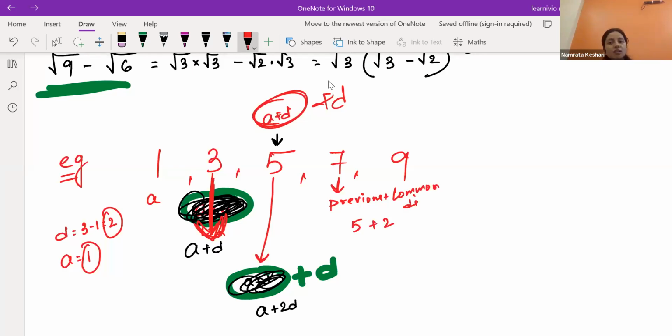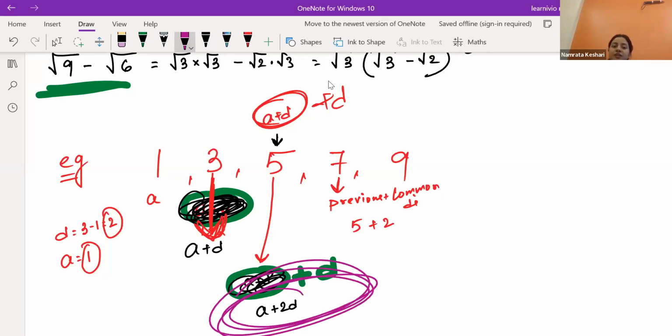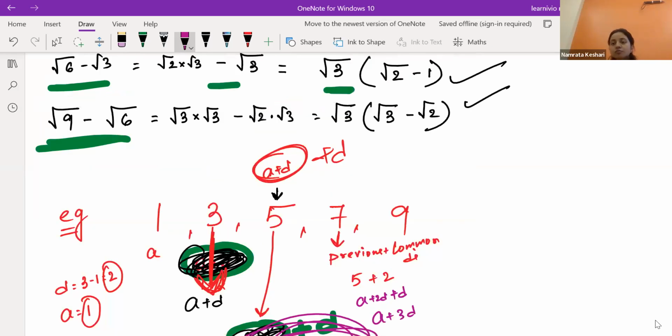So the next term is previous term plus common difference. What was the name of that previous term? It was a plus 2d. So I write a plus 2d plus the common difference d, and hence it became a plus 3d.